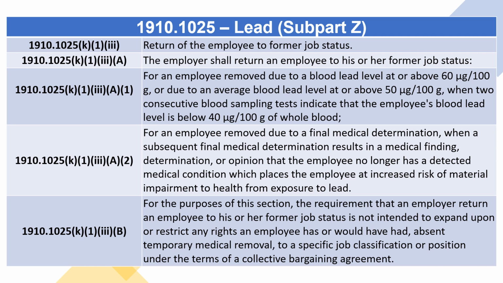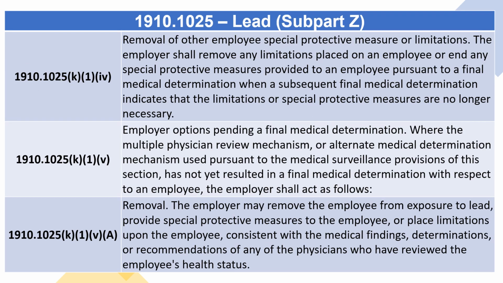(k)(1)(iii)(B) For the purposes of this section, the requirement that an employer return an employee to his or her former job status is not intended to expand upon or restrict any rights an employee has or would have had, absent temporary medical removal, to a specific job classification or position under the terms of a collective bargaining agreement. (k)(1)(iv) Removal of other employees' special protective measures or limitations.